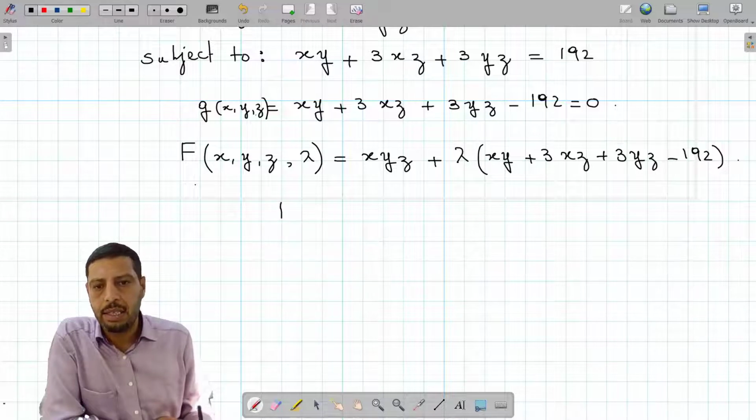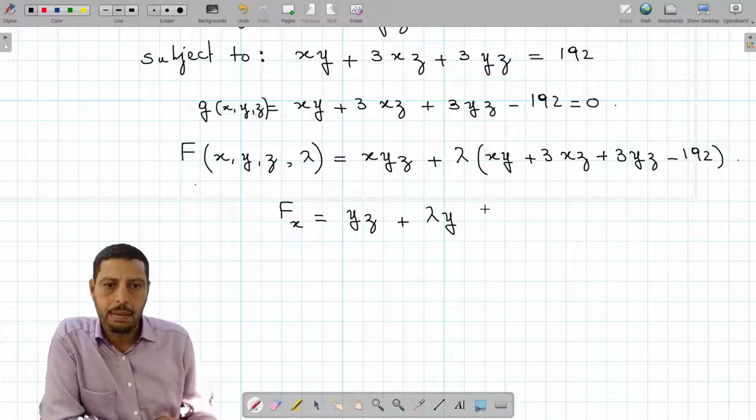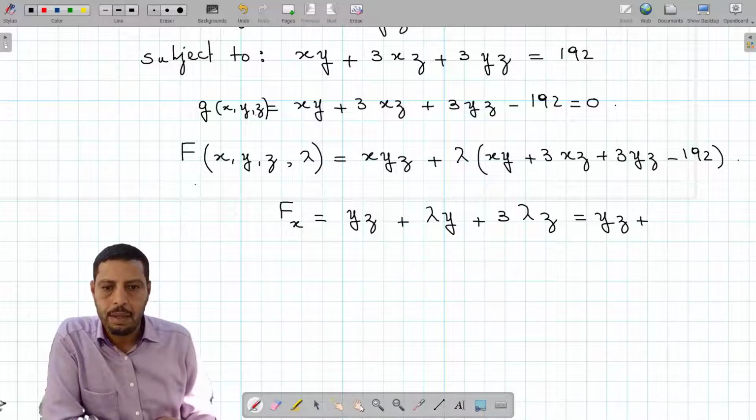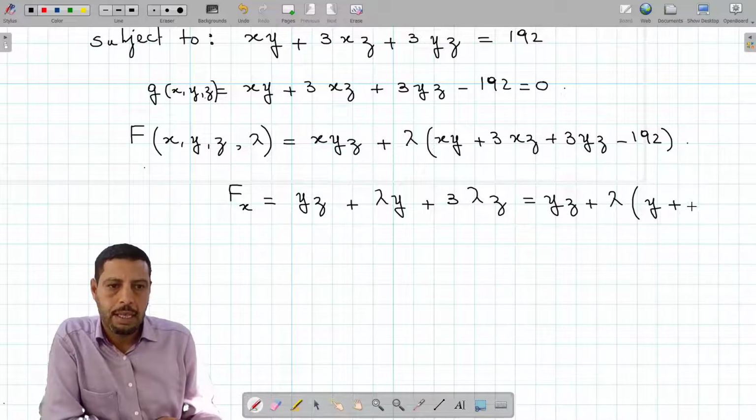So let's write our system. Fx is equal to yz plus lambda y plus 3 lambda z. So it's equal to yz plus, we'll put the lambda as a factor, lambda times (y plus 3z).